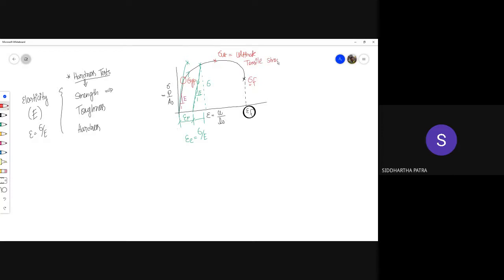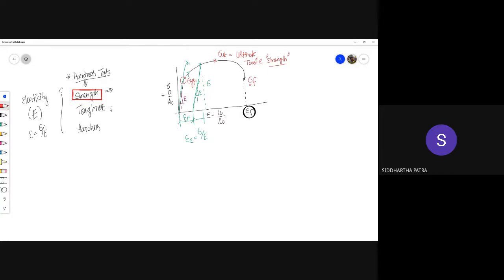So we literally use the word strength in naming the stress value, and that quantity can be classified as the strength of the material.